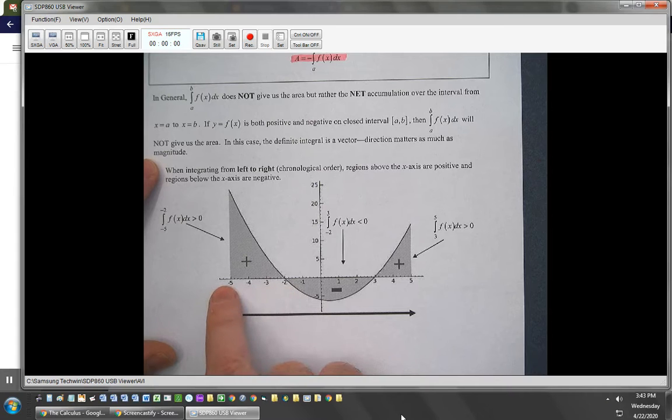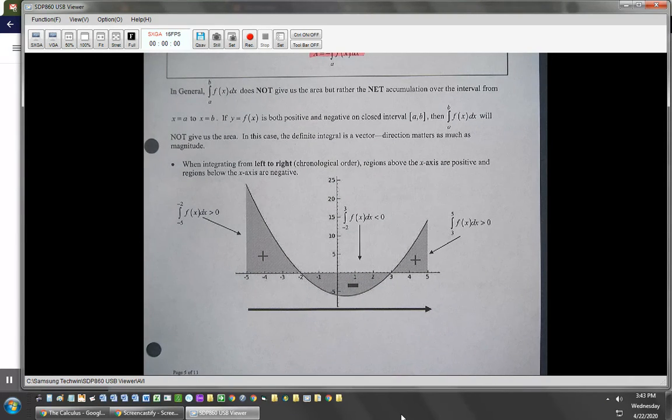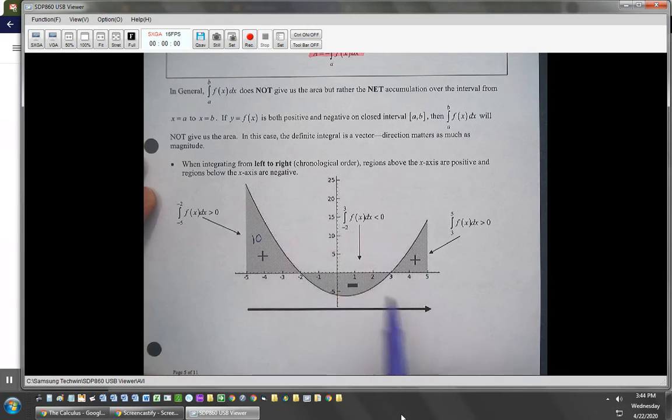But if I said what's the integral from -5 to 3, and let's say this area below the x-axis was also 10. I know it's probably not, but let's just pretend. So right now, if I said what's the integral from -5 to -2 of f of x dx, you'd say 10.